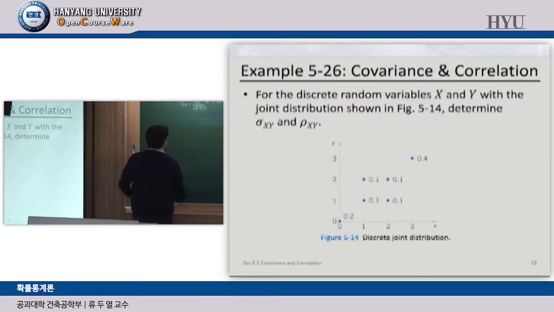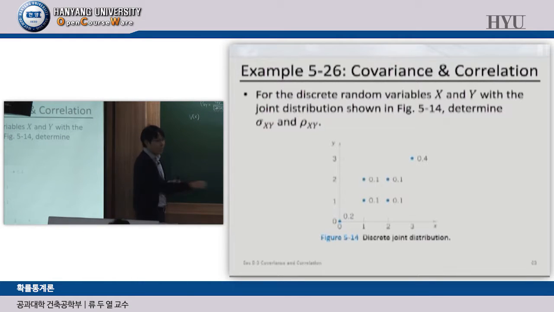So firstly, we are going to calculate the marginal variance of x, okay? And in the previous class, we already learned about the marginal variance and the conditional variance, right? V(y given x), okay?